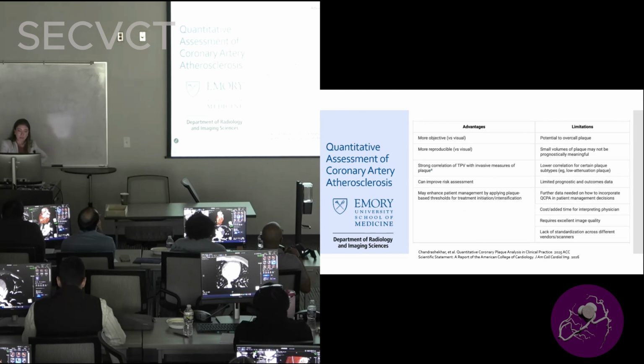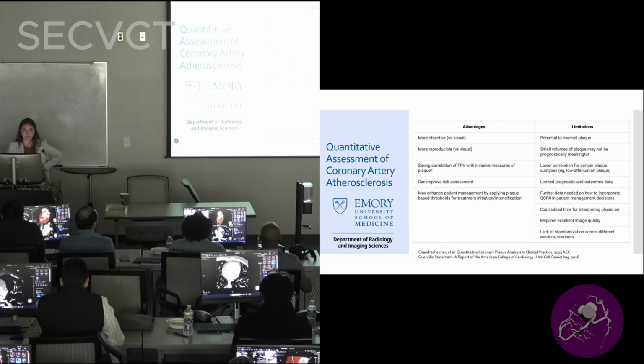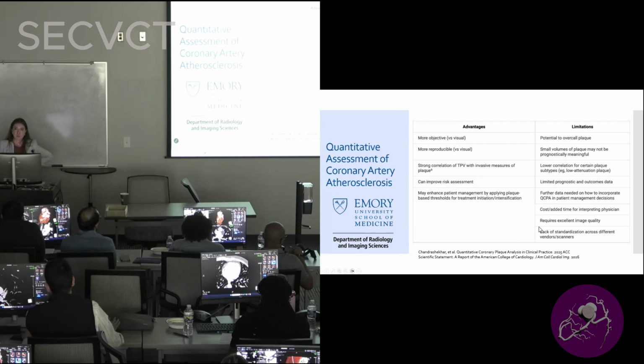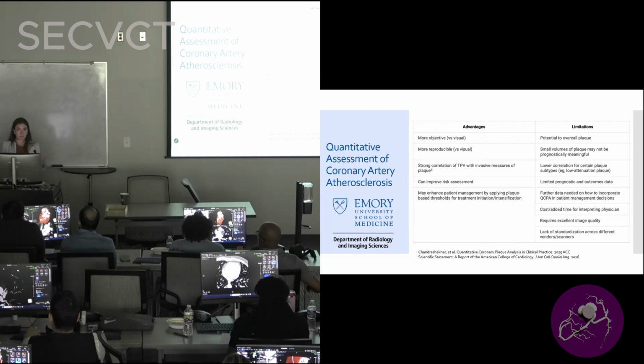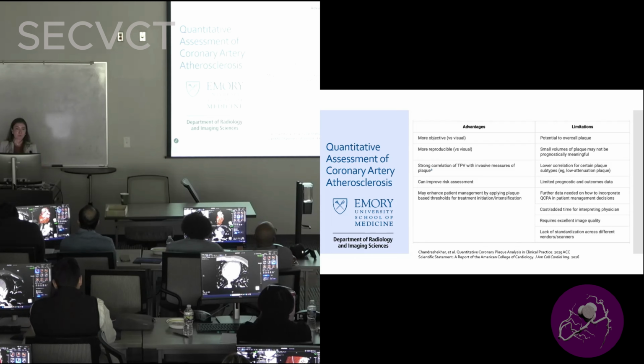And just for these quantitative methods, there's the new SCCT scientific statement on this, which says to use this with caution. Obviously, between institutions and between vendors, there's going to be a little bit of variability. There are lots of advantages, so maybe more objective, more reproducible.